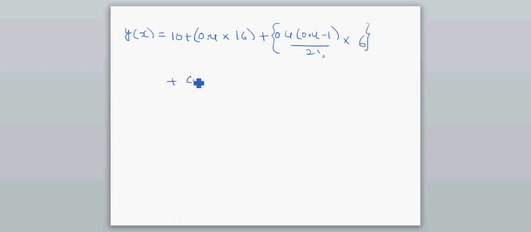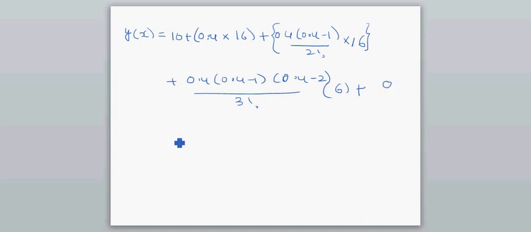Next term, p into p minus 1 into p minus 2 divided by 3 factorial into delta cube y naught, which is 6. The last one, delta power 4, is 0, so no need to substitute. When you simplify, it comes to 14.864. This is how you are supposed to use Newton's forward formula, using the difference table, to get y of 1.4.